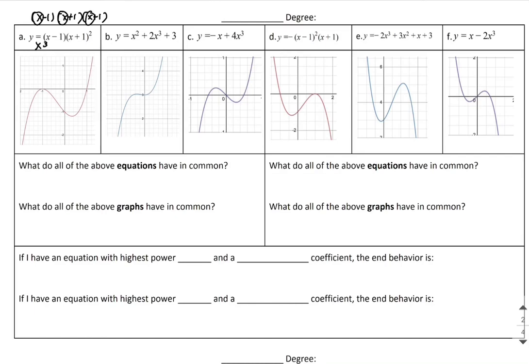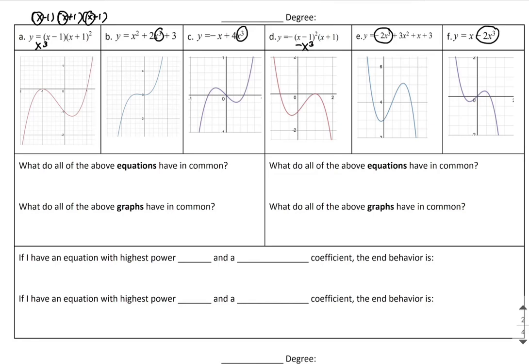Here x cubed is my highest power. Here x cubed is my highest power. Same thing in D. If I multiply those all together, I'm going to get negative x cubed as my highest power and sign. Here I have x cubed.